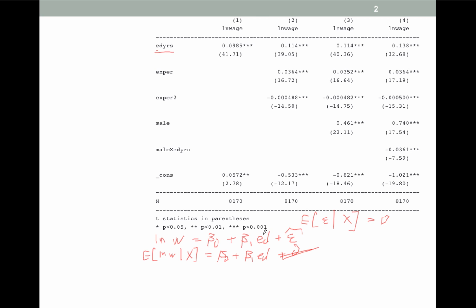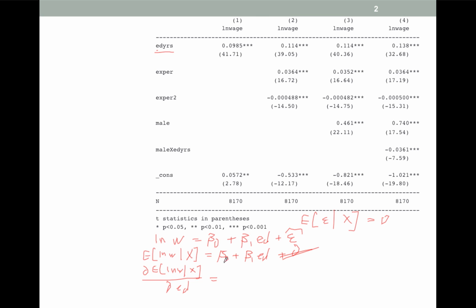Now we can take the partial derivative of both sides. We take the partial derivative of the expected value of log wage given x with respect to education. The partial derivative of a constant with respect to a variable is just 0.